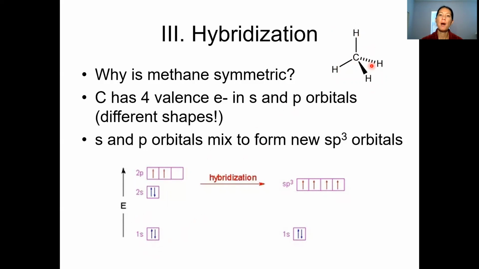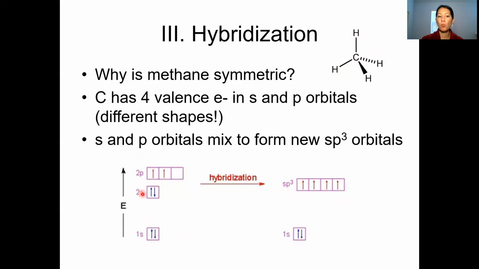So what chemists came up with to explain this is these orbitals actually do some sort of mixing. We call that hybridization to give us, and if we started with 4, we end up with 4. So we start with 4 atomic orbitals, we'll mix them and we'll get 4 new, what are called hybrid orbitals.